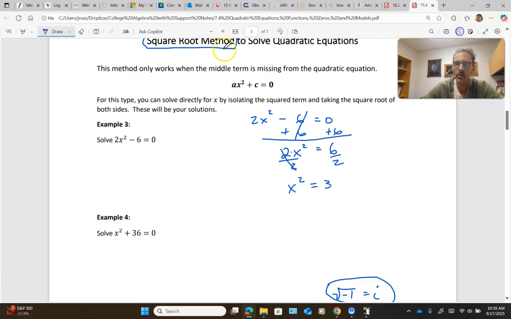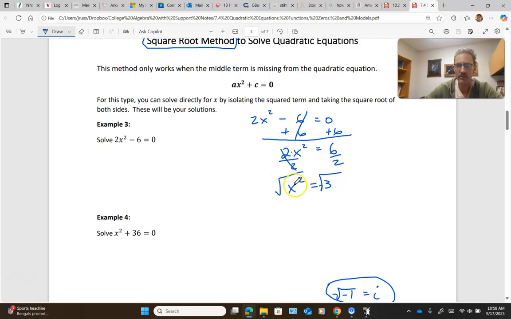And then here is where the square root part comes in. Remember how I said the square root was the opposite of squaring something? Those are inverse operators. So if I want to convert an x squared into just an x, I do it by taking the square root of both sides.